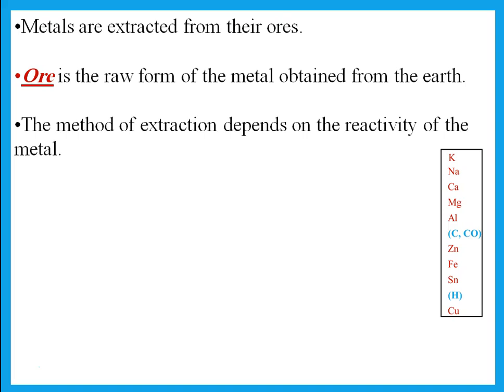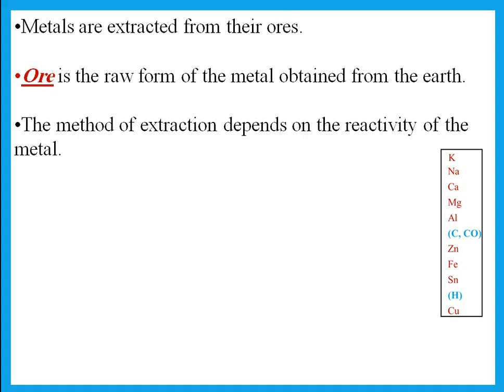You should realize that electrolysis is an expensive process, so we're going to choose it only when we cannot use reduction. Since most of the ores are in the form of the oxide, reduction with carbon can be done if the carbon is more reactive than the metal.